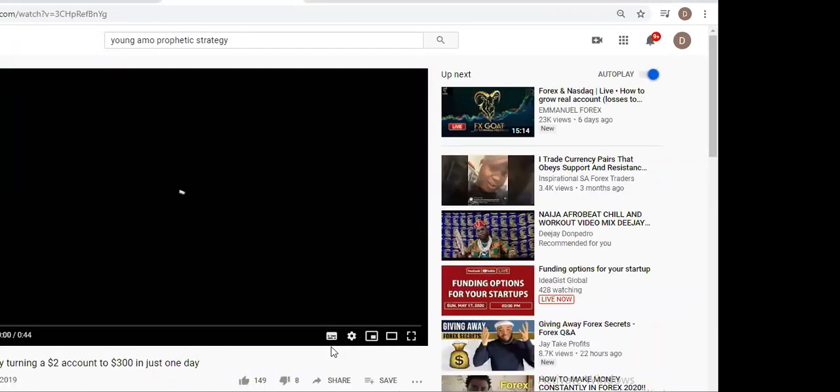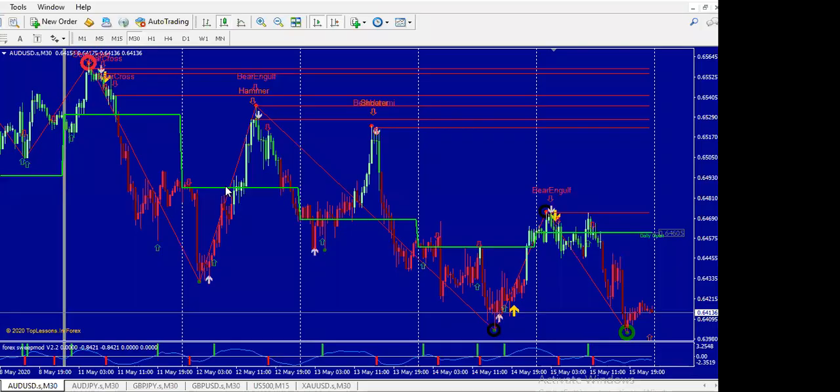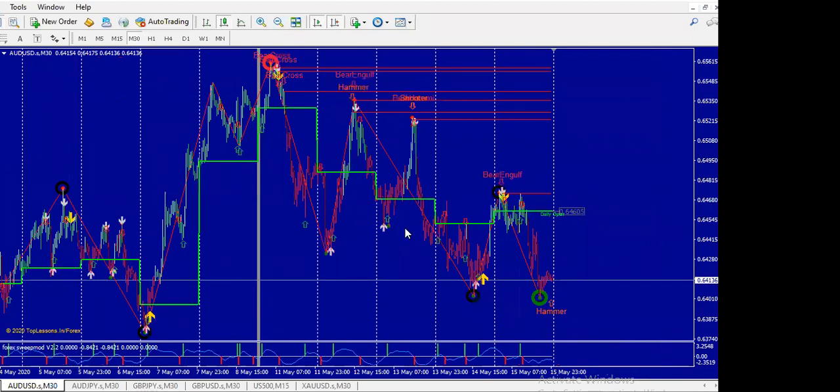So right now, what you're looking at right here is the strategy. Now, how does the strategy work? It's very easy because it follows the same principle as what we already had.